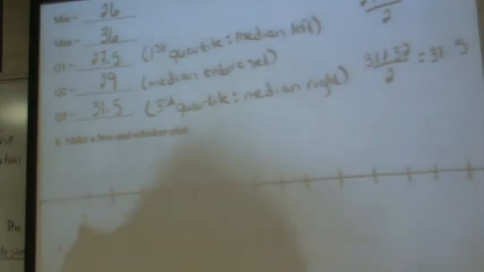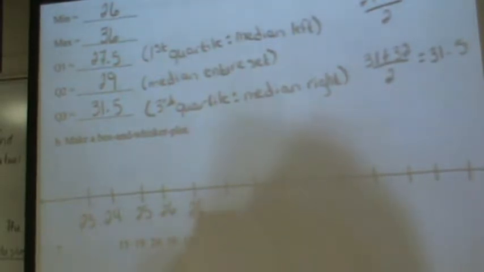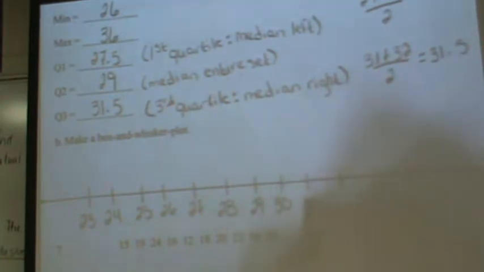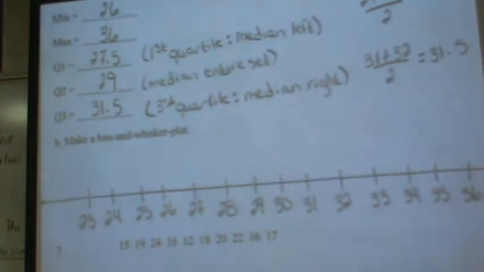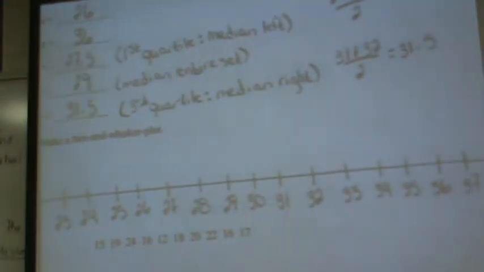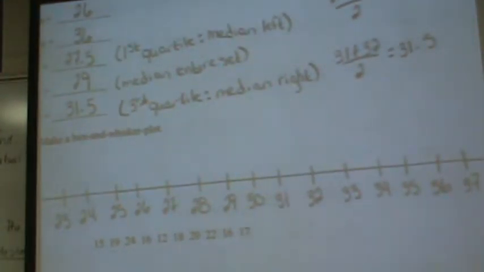So I'm going to start at 23 and continue by 1. So we end up with a number line that looks kind of like that.